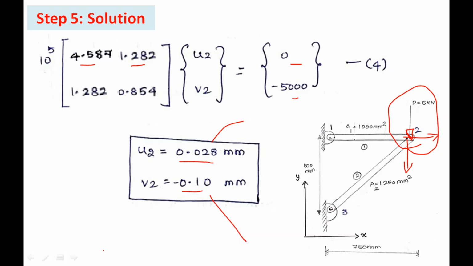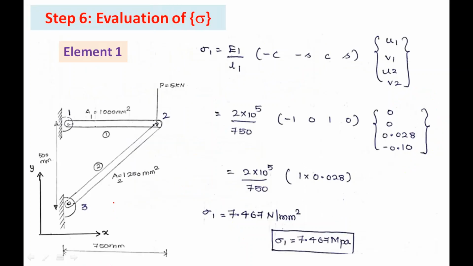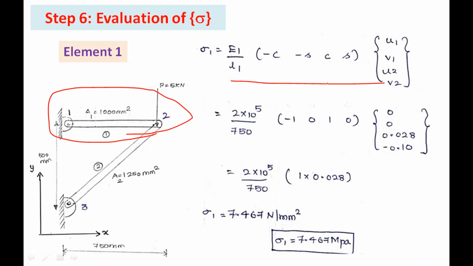After knowing this nodal displacement, we have to find the stresses and the reaction forces. We will see the evaluation of the element stresses. So first we will take up element 1. This element 1 is this horizontal element. Directly we can use this equation for truss element: E1 by L1, minus C, minus S, C, S, times U1 V1 U2 V2.